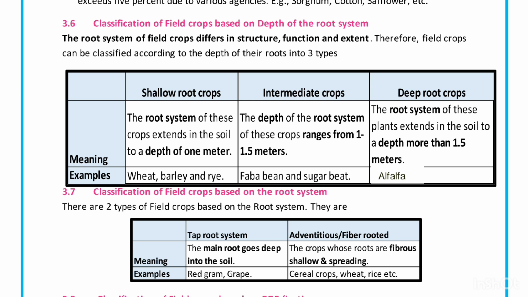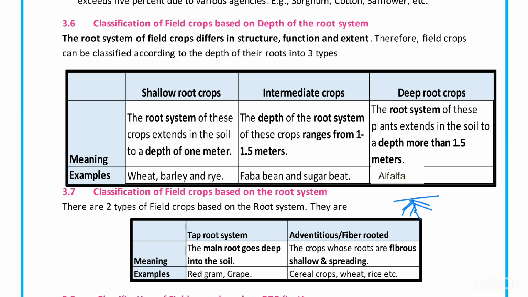As I was telling you, from seeds the radicle will emerge, and that forms the root system. All the underground part of the plant is known as the root system, and the depth of the root is different in different plants, based on how far the root is going down into the soil.